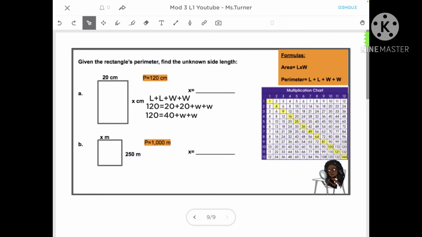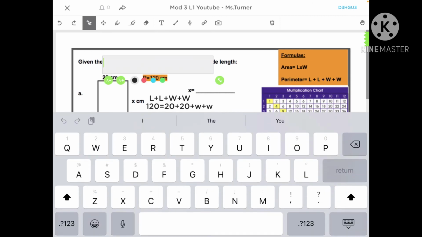Do you know what 120 minus 40 is? Yeah, it's 80. So I know that those two W's, those two widths combined equal 80. So if two of those widths combined equal 80, then what's one of those widths? Yeah, 40.